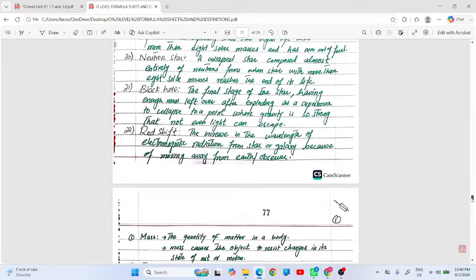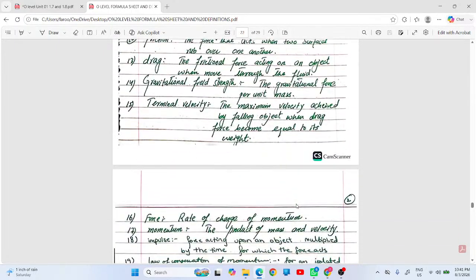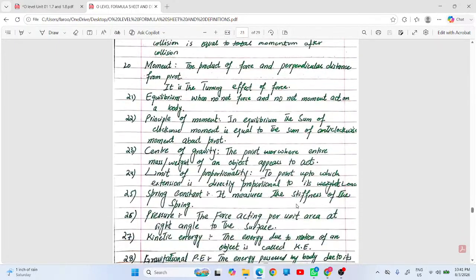और इसके बाद इसकी डेफिनेशंस पे आ जाते हैं. डेफिनेशंस में जी बच्चों, मोमेंट की डेफिनेशन पढ़ें. Moment, it is the turning effect of the force, and equilibrium is, what is equilibrium?